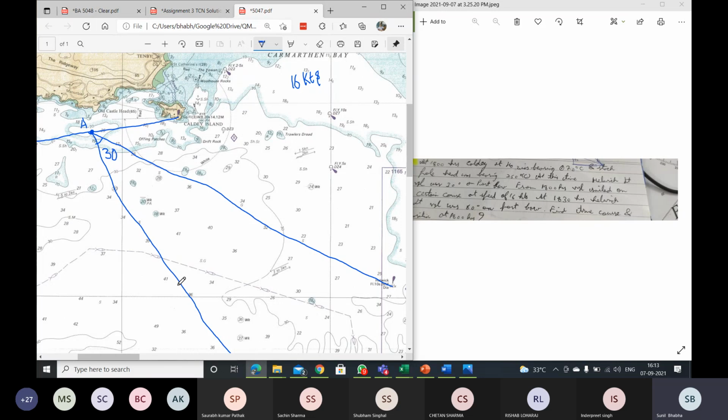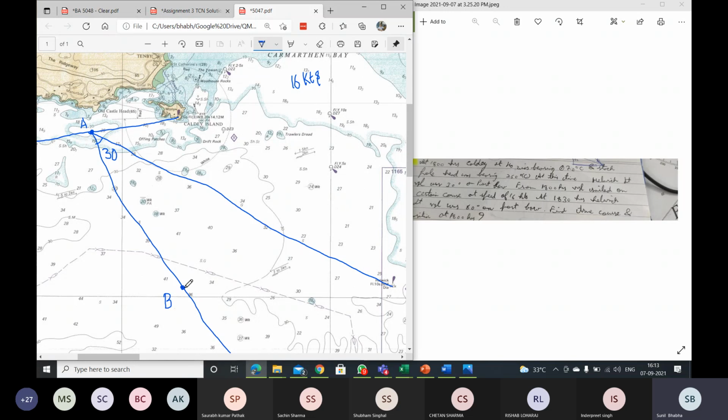Let's assume that at 1830 hours, the vessel is here. Let me name it as B. At 1830, Helvig light vessel is 60 degree on the port bow.